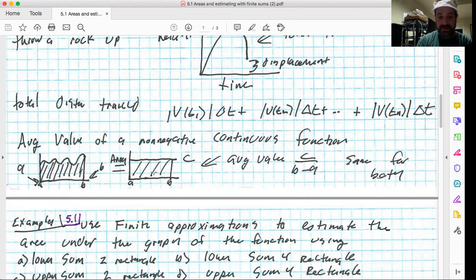And we can make this into a rectangle. Now, if we take the total area underneath this curve and divide it by the total distance, well, the distance from A to B is going to be B minus A. So if we take this total area divided by B minus A, that's going to give us what the C is. But if we have any non-negative continuous function, we can always find this value of C, and this is the average value of that function right here.